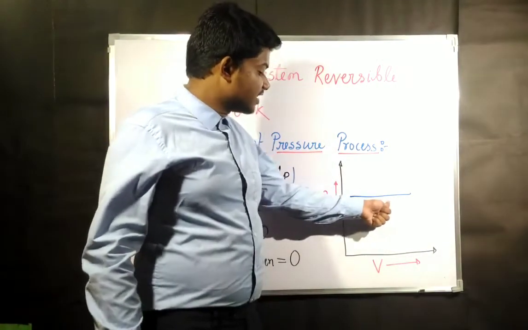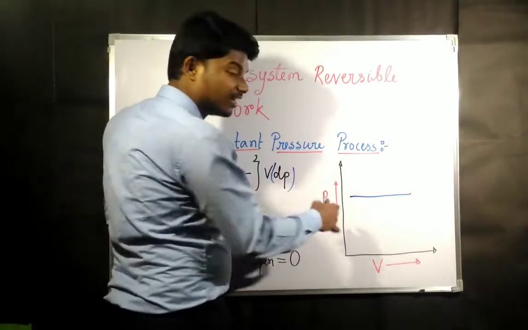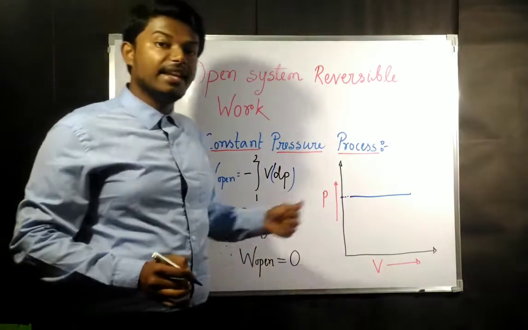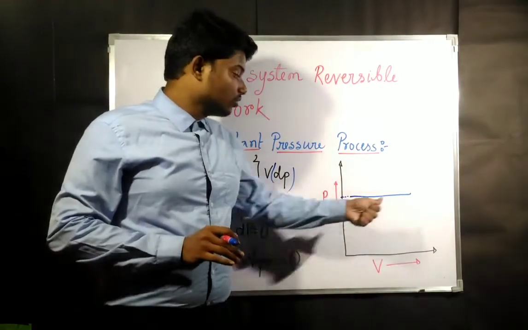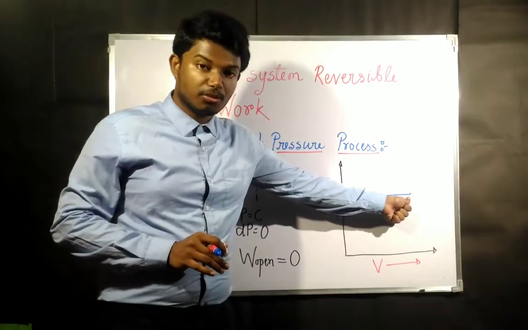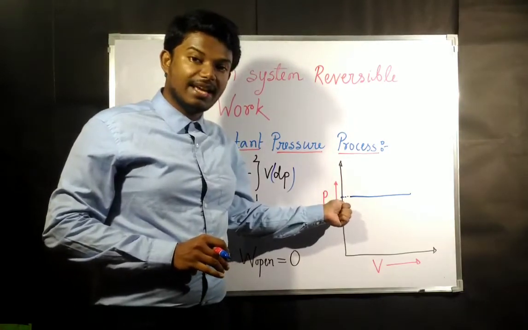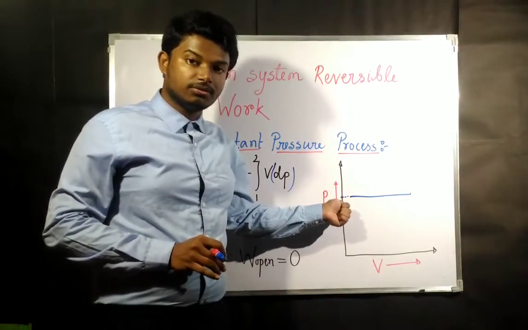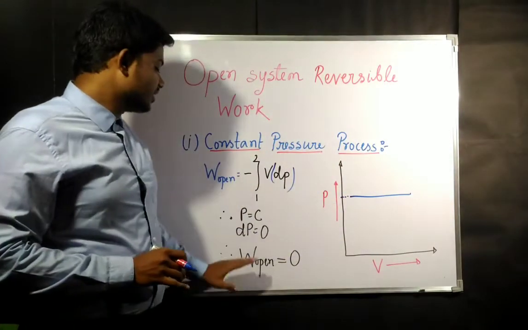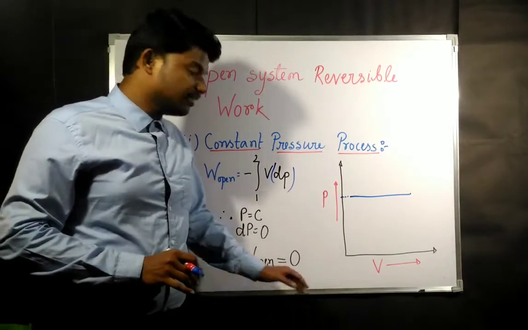If you project this straight line on the pressure axis, you will get just a point, and the area of a point is always 0. That's why, by using these two methods, we can say that the work done in an open system at constant pressure is going to be 0.